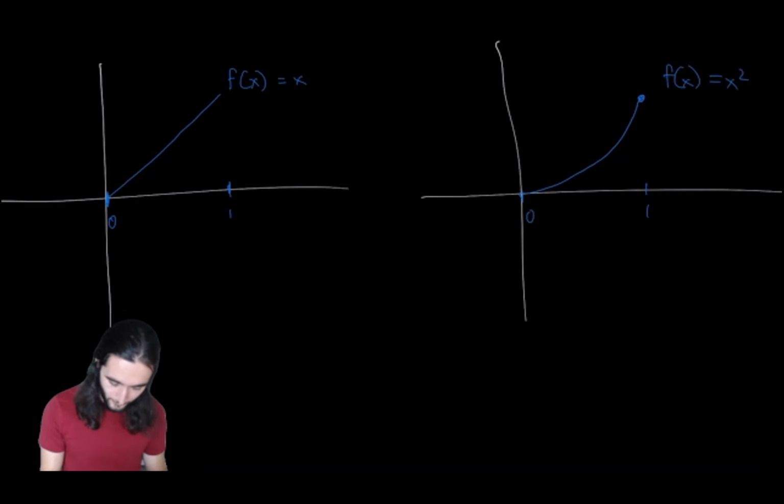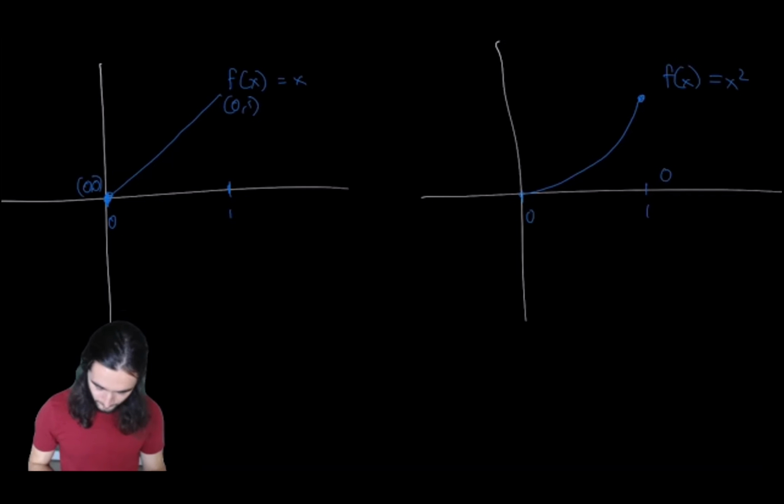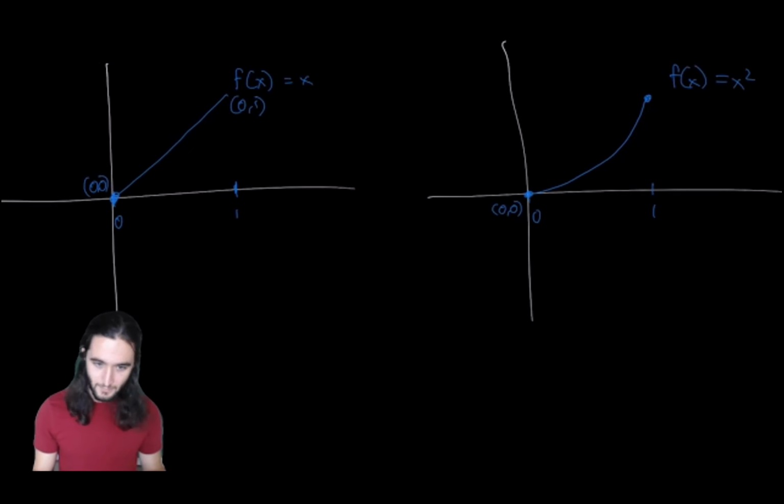Now they both cross through this point here, 0, 0, and 1, 1. In both of these functions, you plug in 0, you get 0.